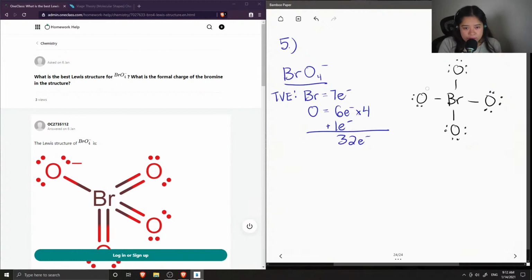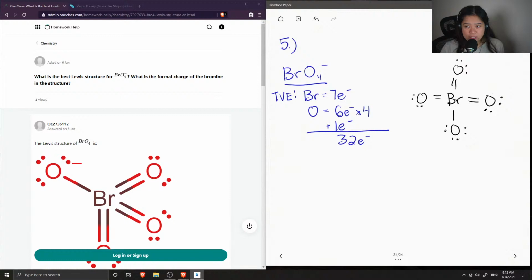So we're going to form double bonds for 3 of them only. And bromine is one of those elements that can have more than 8 electrons in its valence shell. And we're left with the following structure.